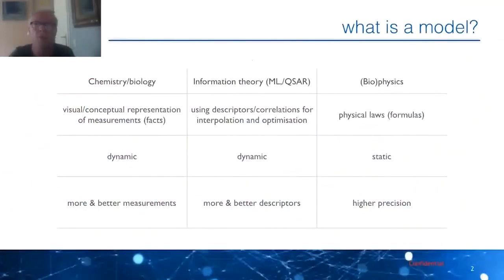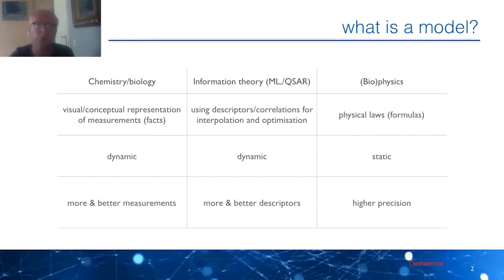Before we go to the coarse grain modeling part, I first want to talk about what modeling really is, because in different fields the concept of modeling is different. In chemistry and biology, a model is usually a visual conceptual representation of measured facts. You do a measurement, and based on the measurement, you generate a model.